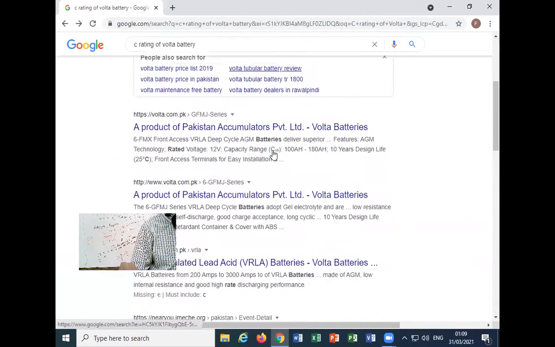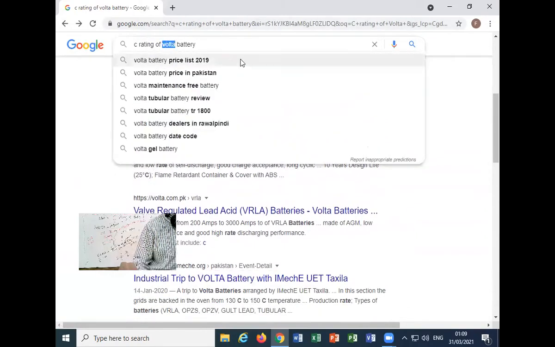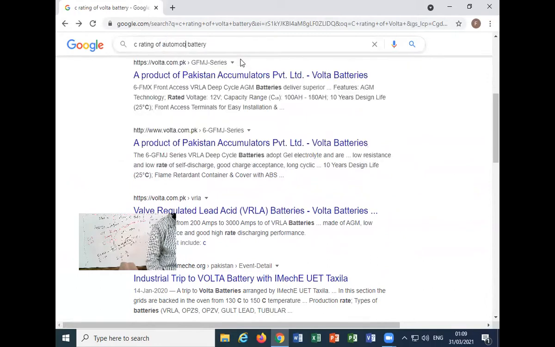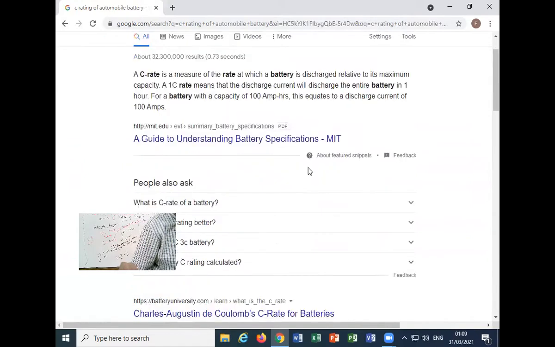Let's see, C rating of automobile battery. I was just looking for any manufacturer's specifications for you guys.